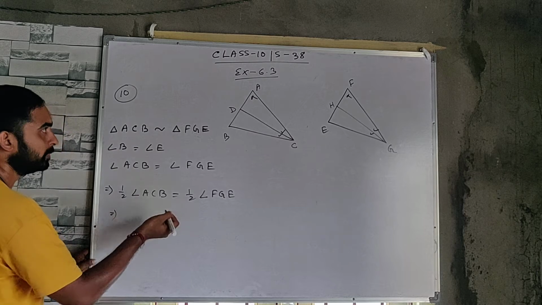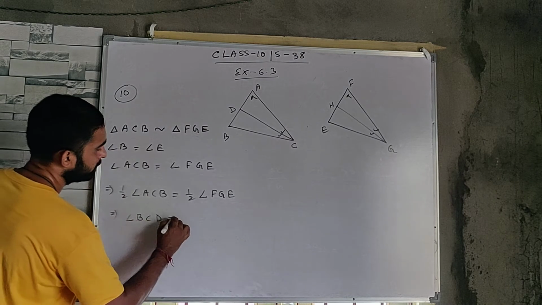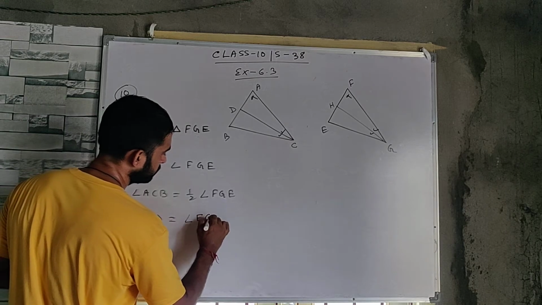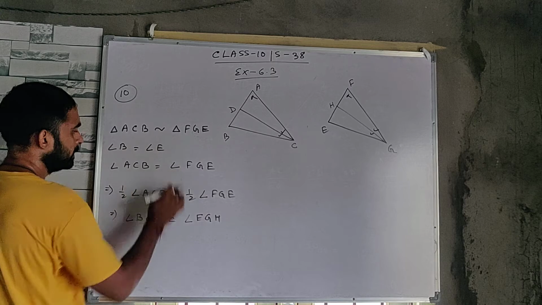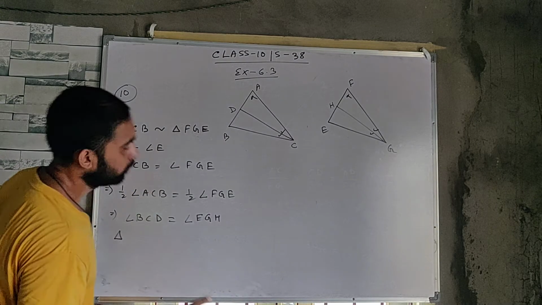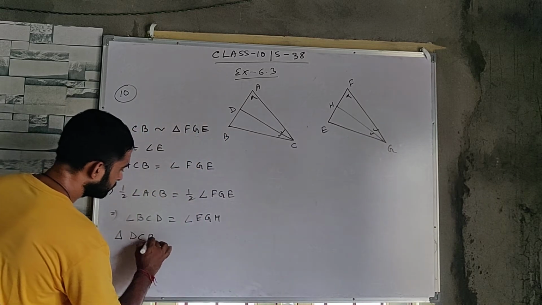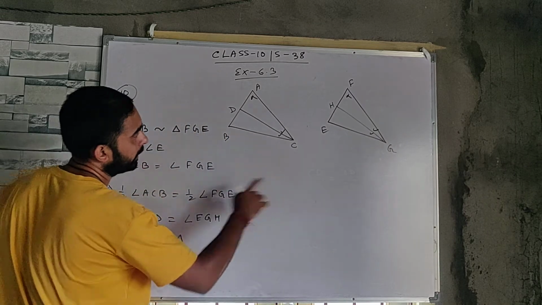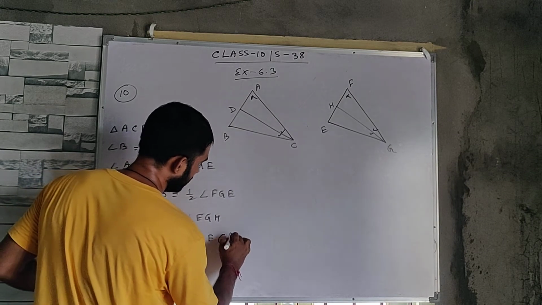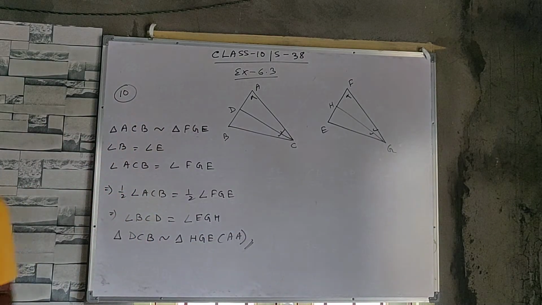Half angle ACB, this time, is angle BCD, and it equals angle EGH. Done. So from these, triangle DCB is similar to triangle HGE by angle. These are the three parts of the question.